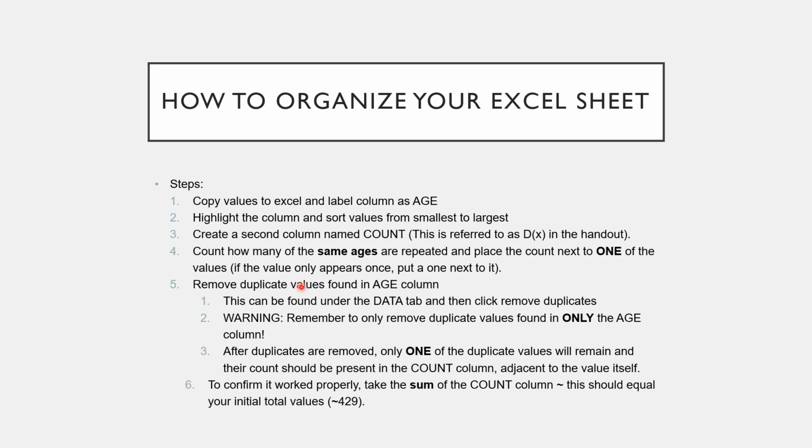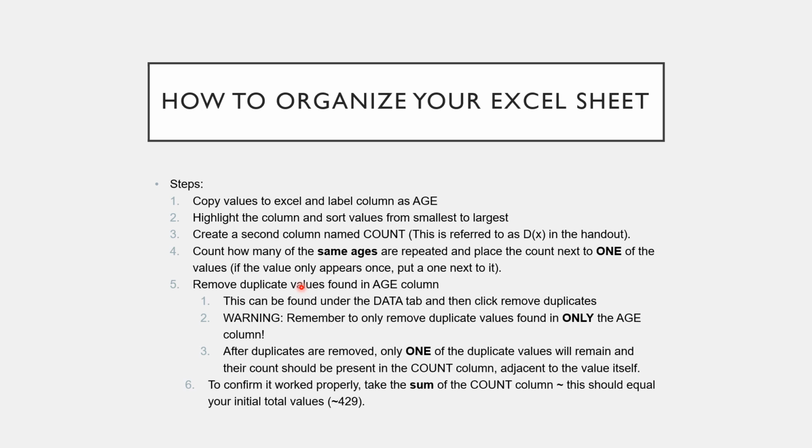You might have 1 at age 12, 1 at 20, 10 at age 45. So what you're going to want to do is count up how many repeated values there are. Say you have 5 of age 0: in your count column, next to that age 0, you're going to put 5, but you're only going to put a 5 next to one of those zeros, because, as you'll see later on, you're actually going to remove those duplicates.